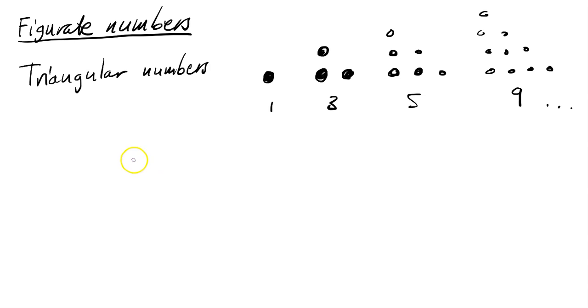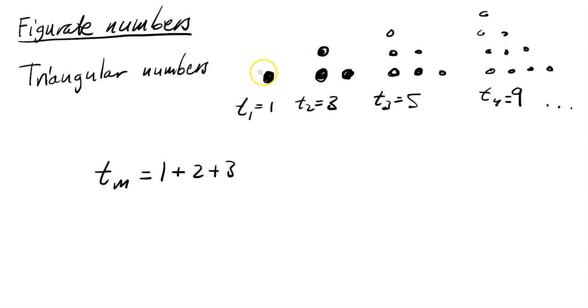An explicit formula for triangle numbers, for example, this is T1, this is T2, T3, T4. So the explicit formula for those, for example, the nth triangular number, you can just add 1 plus 2 plus 3. Since you see you have 1, then you have 2, 3.